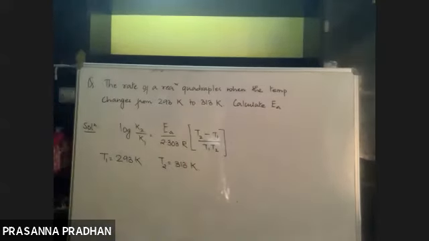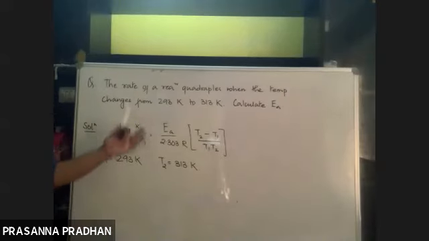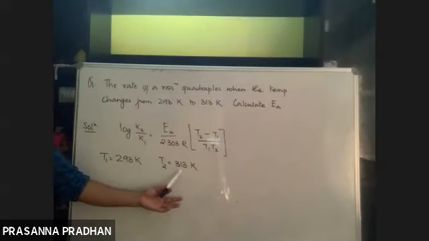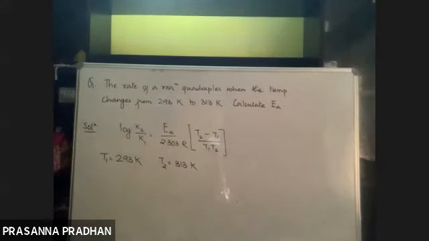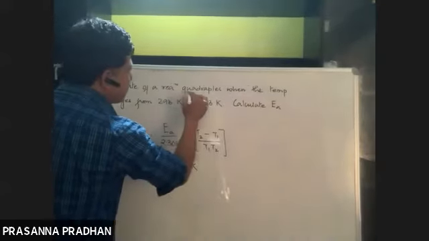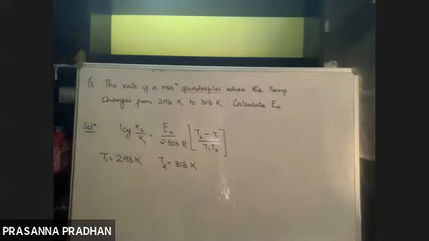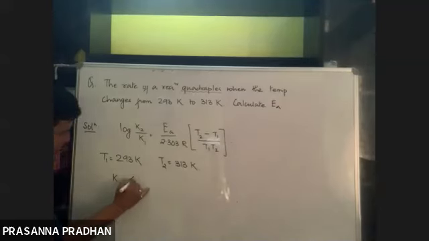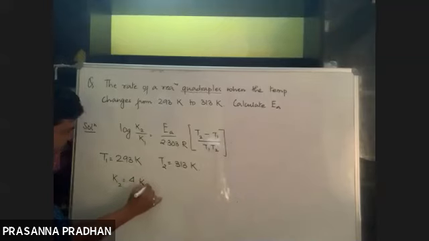This is given. Now, according to the question, as the temperature changes from 293 to 313 Kelvin, the rate of a reaction quadruples, which means it increases by 4 times. So as the temperature changes from T1 to T2, K2 will become equal to 4 times the initial rate constant K1.